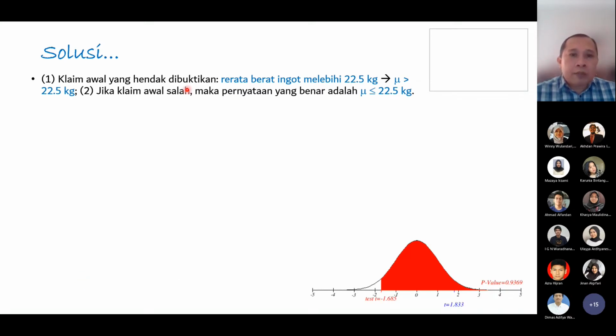The initial claim that we want to prove is that the average weight per ingot exceeds 22.5. So in a mathematical form, we say it like this: mu larger than 22.5. And if this initial claim is wrong, then the correct statement will be this one here: mu less than or equal to 22.5 kilogram.